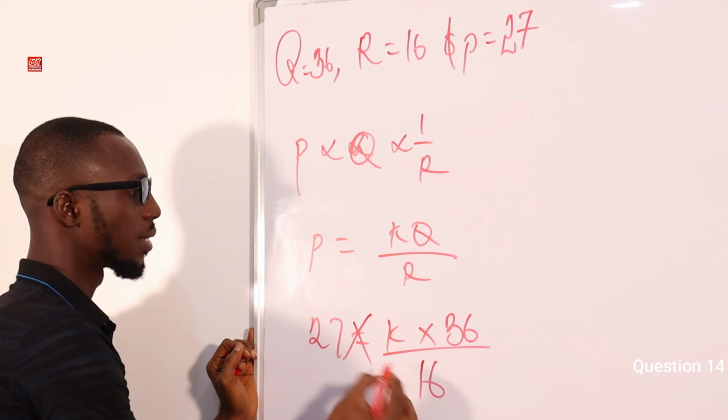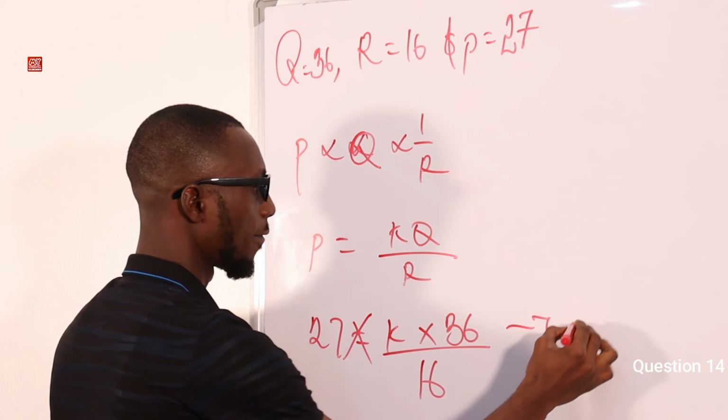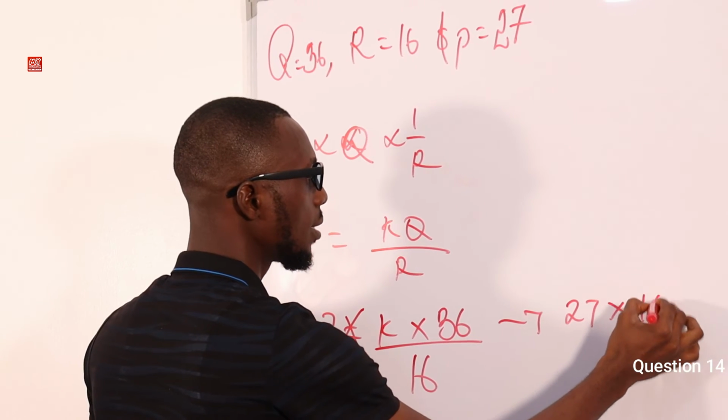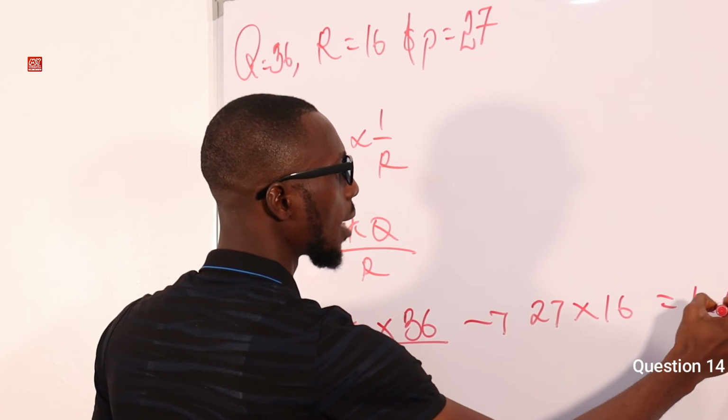So we can cross multiply, and we would have 27 times 16 equals K times 36.